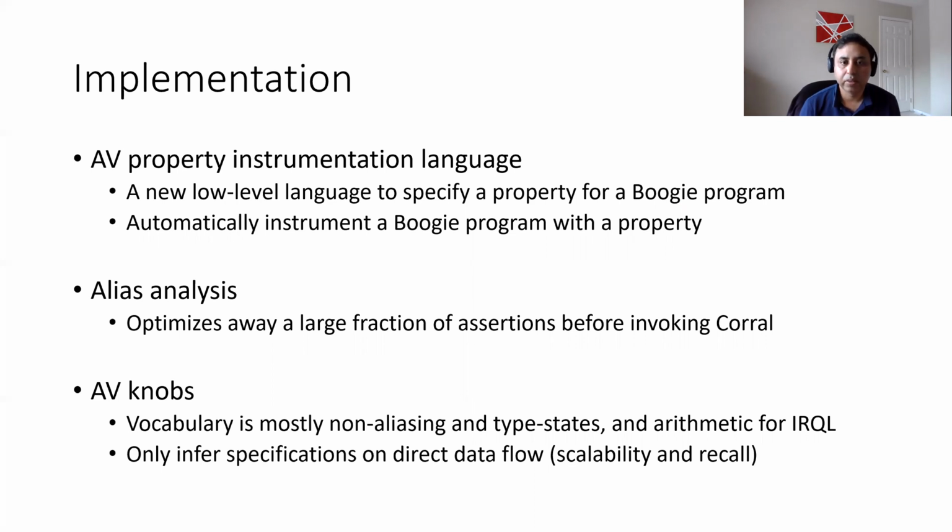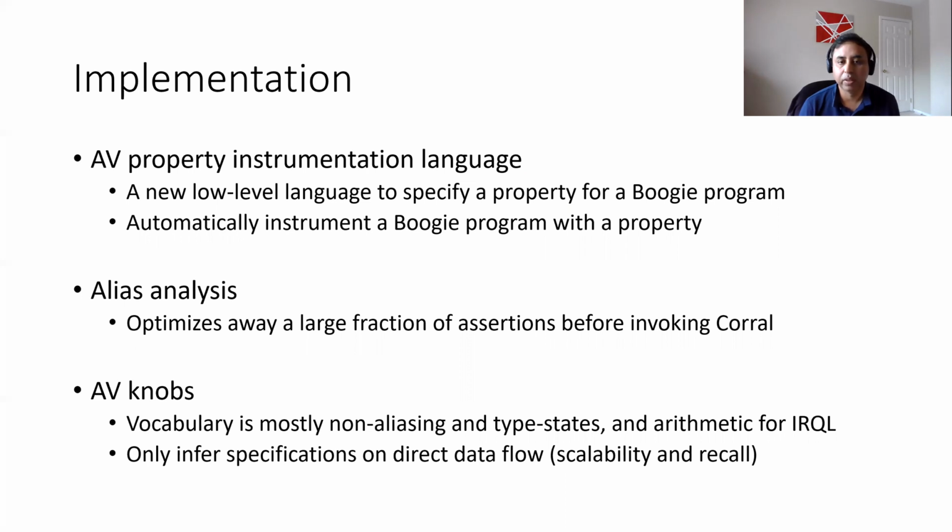There's an alias analysis component that does an aggressive pruning of assertions that can be verified with just path insensitive analysis. And we also exercise the knobs present using AV.